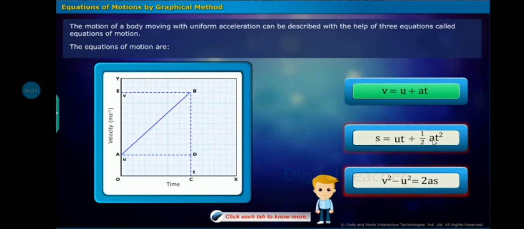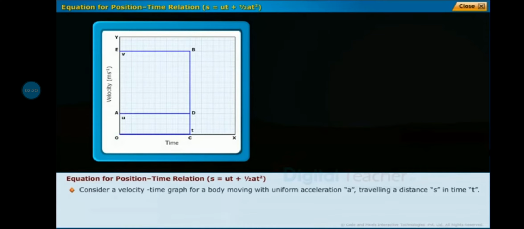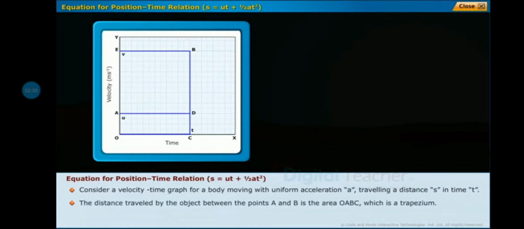Now the second equation of motion, that is equation for position time relation, s is equal to ut plus half at square. Consider a velocity time graph for a body moving with uniform acceleration a, traveling a distance s in time t. The distance traveled by the object between the points A and B is the area OABC, which is a trapezium.